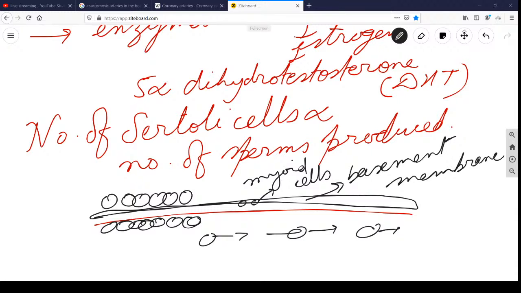Now if we talk about the testicular tissue, if you go through a cross section of a testis, it shows a lot of small arteries, capillaries and small veins present in the interstitial space of the testis.